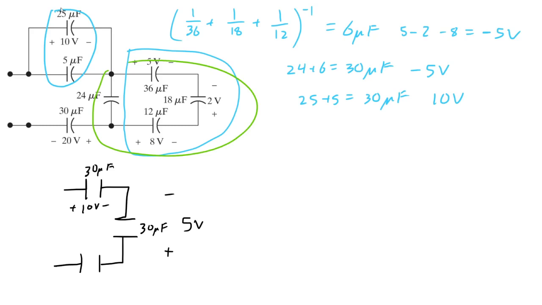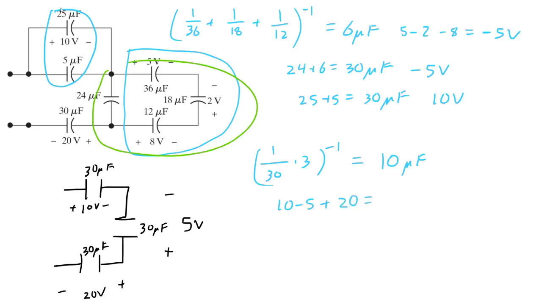And the last one's 20 volts and 30 microfarad. Okay, so these are all going to add up in series. 1 over 30 times 3 equals 10 microfarad. And then 10 minus 5 plus 20 is 25 volt DC.